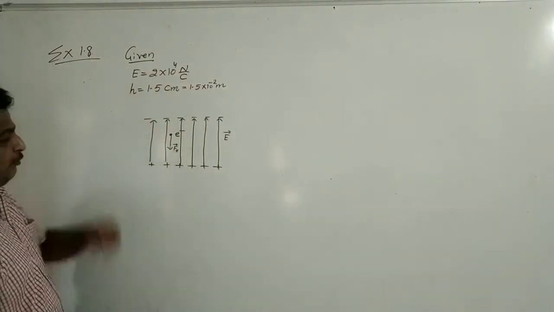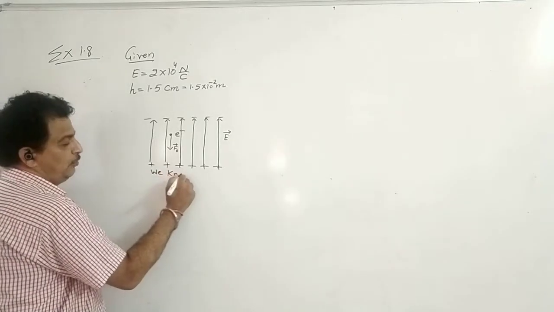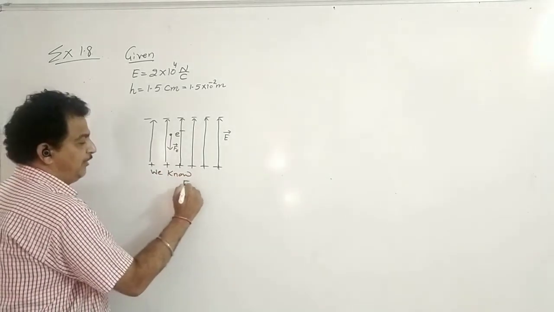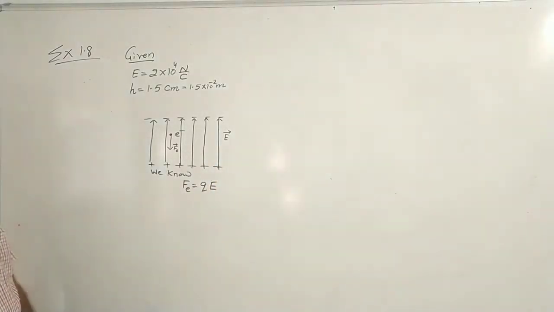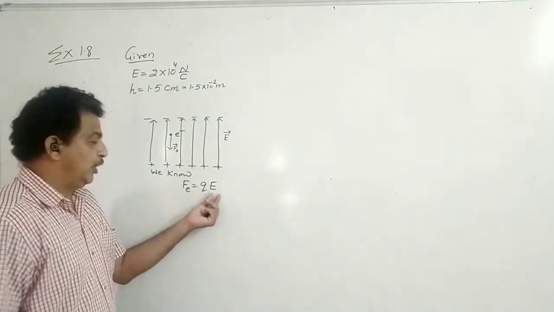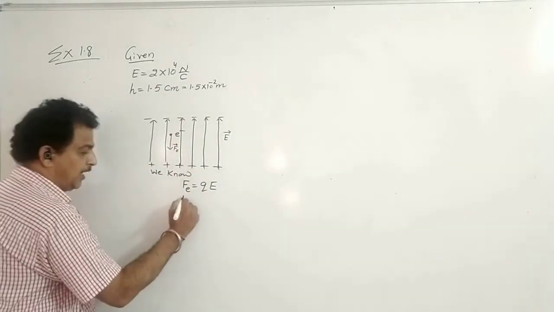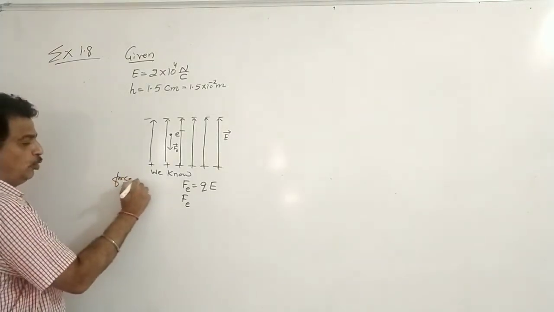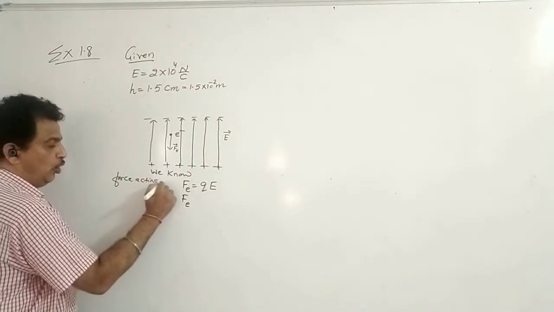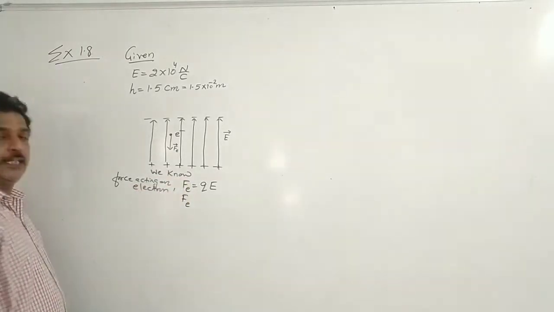Now what is the electric force acting on an electron? So we apply the definition of electric field. So Fe is equal to QE. That is what we have done for electric field intensity. Now here it is one electron. So I will write the force acting on the electron. So subscript e indicates electron.